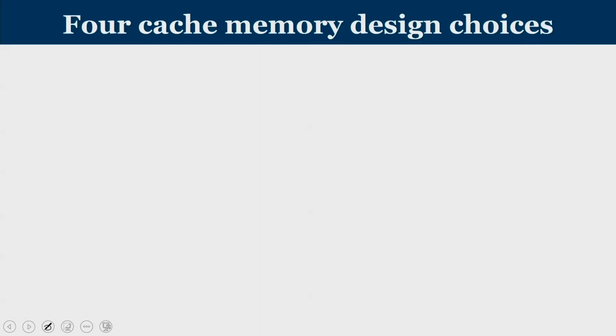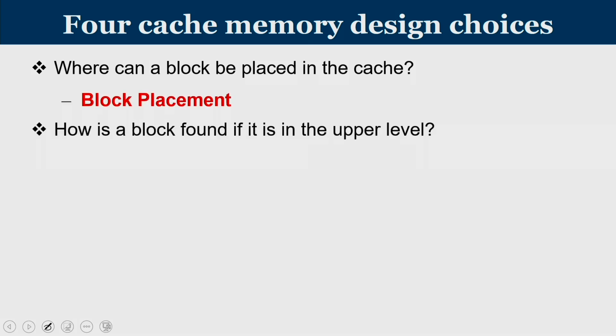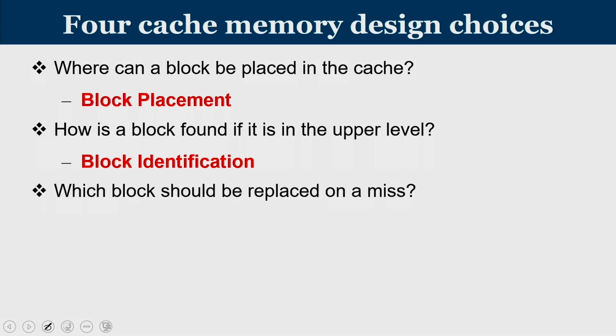While designing cache memory, there are basically 4 design choices. The first one: where can you place a block in the cache, which is defined by the block placement technique. Second, how a block is found, whether it is there in the cache or not, which is called block identification. Third, if it is a miss, which block is to be replaced so that the missed word can be kept.